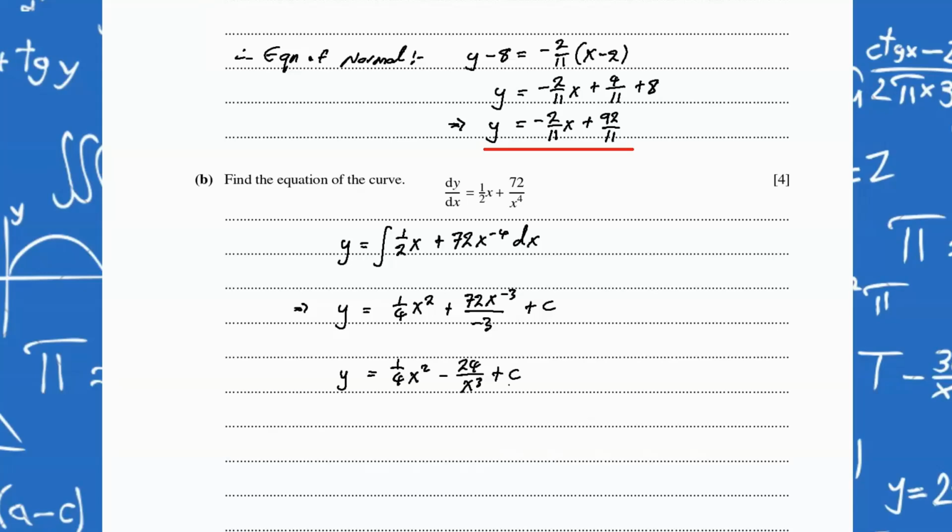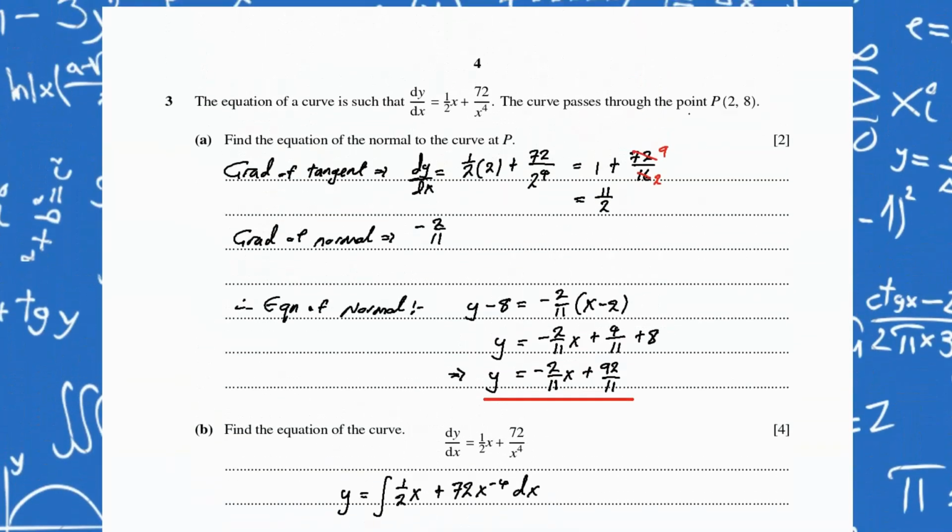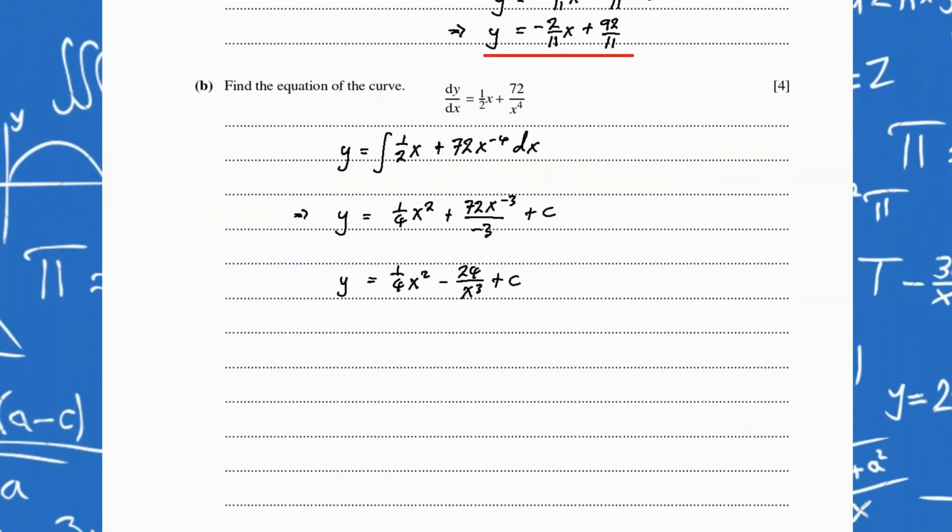Now we can find the value of c using the fact that the curve passes through the point P with coordinates 2, 8. When x is 2, y is 8, so 8 is equal to a quarter of 2 squared minus 24 over 2 cubed plus c, which is 8 equals a quarter of 4, that's 1, and 24 over 2 cubed, which is 8, is 3, plus c.